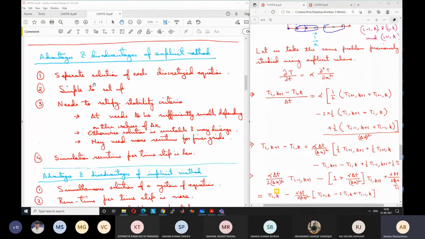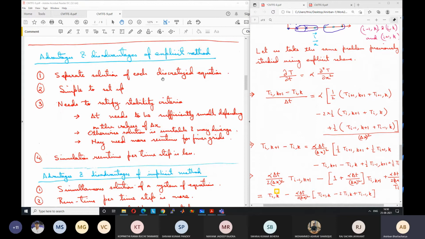So what are the advantages of the explicit method? We have already seen that we can separately solve each equation because it is not dependent on any other unknowns. So one unknown per equation. So we can directly solve and get the value. As a result, it is easy to implement, and also it is easy to do the time marching type of problem.